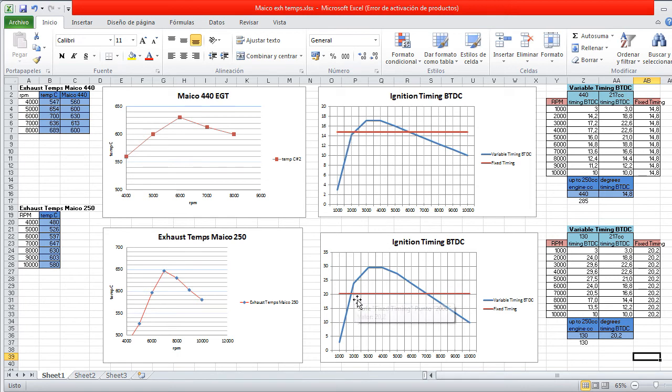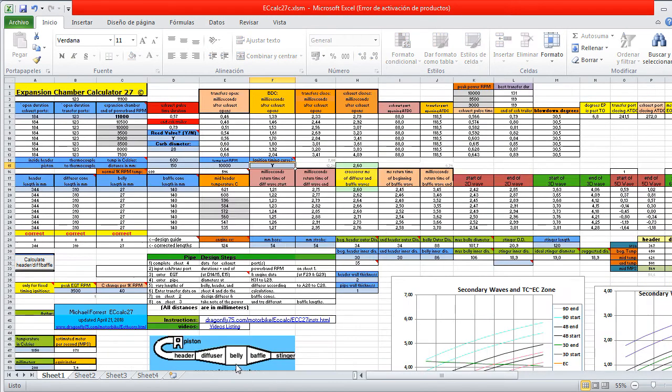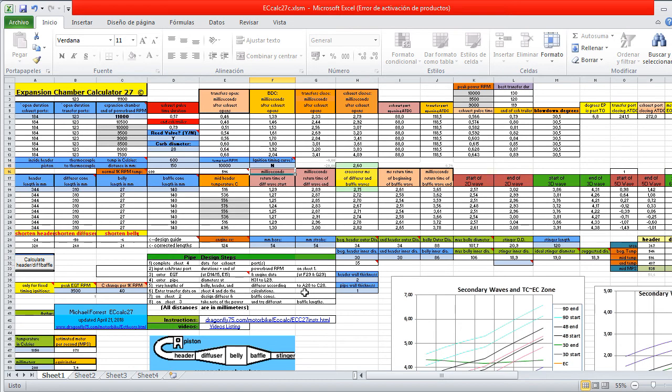In this one it is 20 degrees before top dead center. So if you've got an old bike with a fixed timing, you enter no right there. And then all of a sudden this right here will be important.